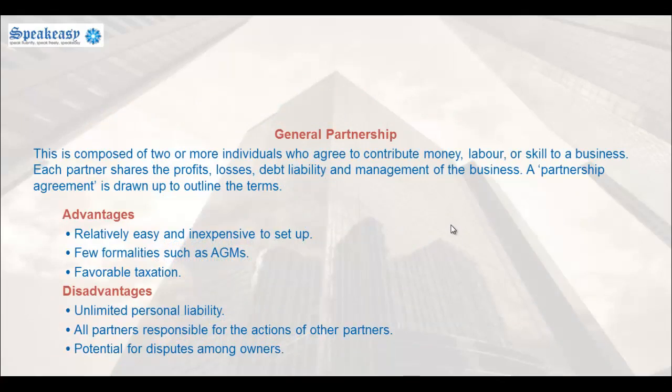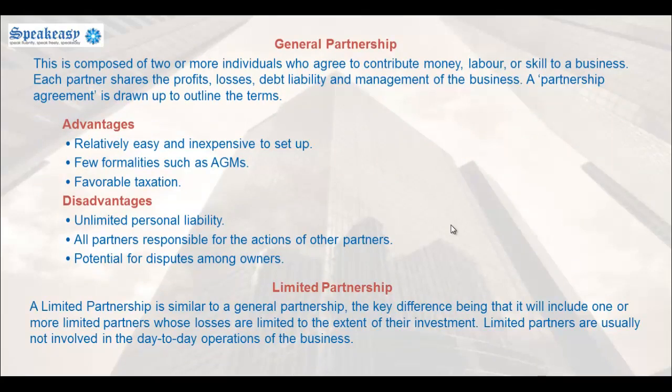A general partnership is composed of two or more individuals who agree to contribute money, labor, or skill to a business. Each partner shares the profits, losses, debt liability, and management of the business. A partnership agreement is drawn up to outline the terms.